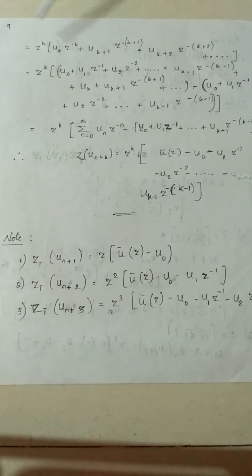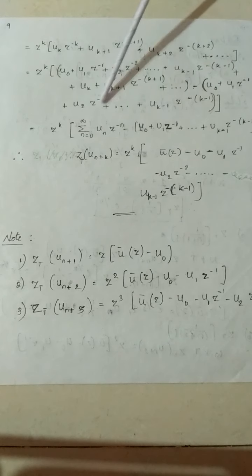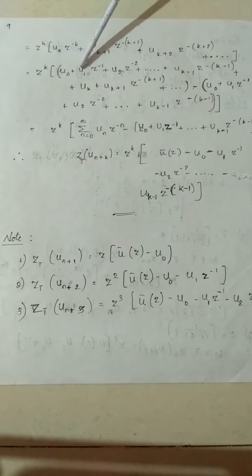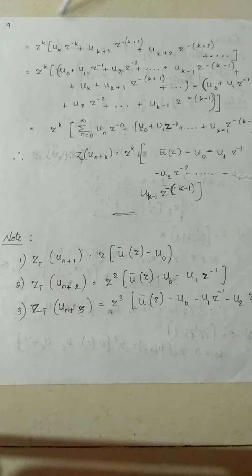Now this is z raised to k times u naught plus u1 z raised to minus 1 plus u2 z raised to minus 2 and so on up to u k minus 1 z raised to minus of k minus 1. We are adding this for our convenience. And this middle series, keep it as it is, and the above series, same we are keeping. Now only we are adding and we are subtracting u naught, u1 z raised to minus 1, u2 z raised to minus 2 and so on.